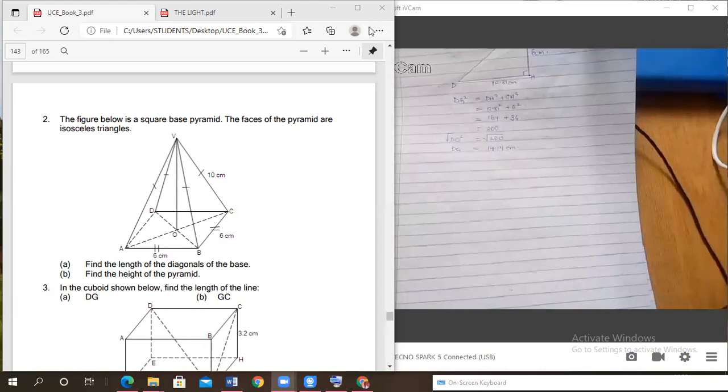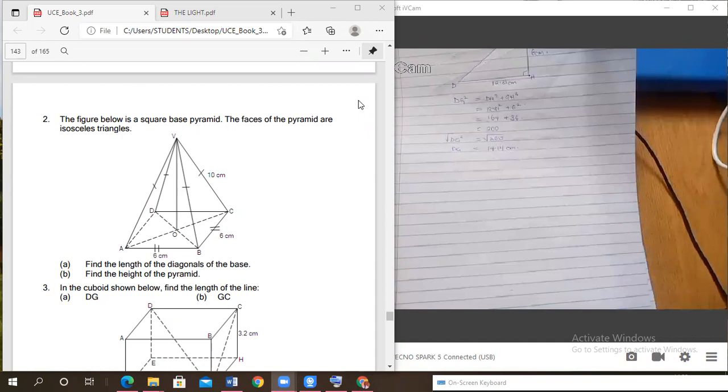Do you know a square? What are the characteristics of a square? What are the properties of a square? Who knows the properties of a square? Put up your hands if you know. Yes, Cynthia? Cynthia, you cannot speak while muted. Yes?